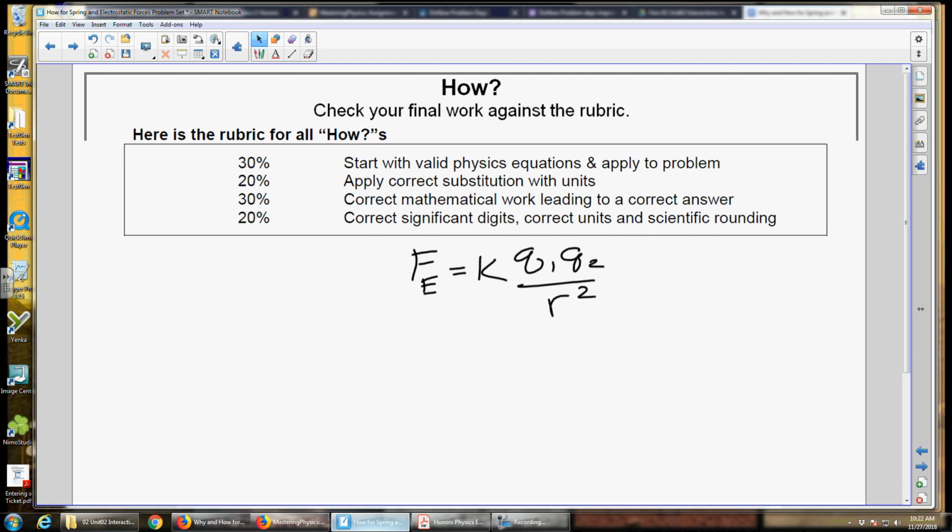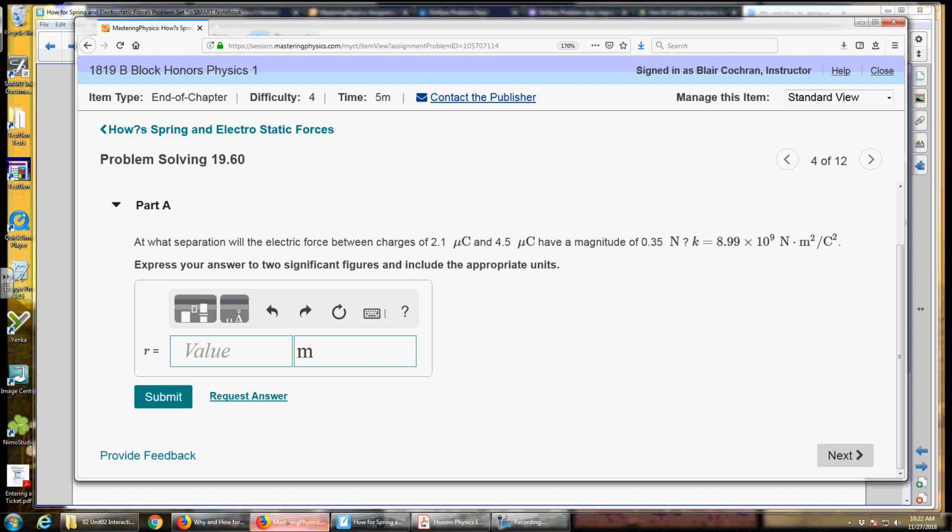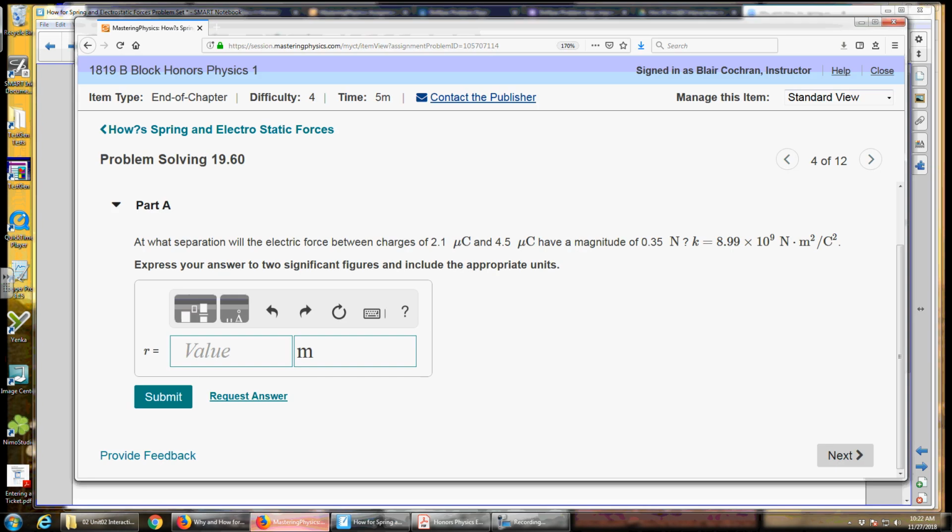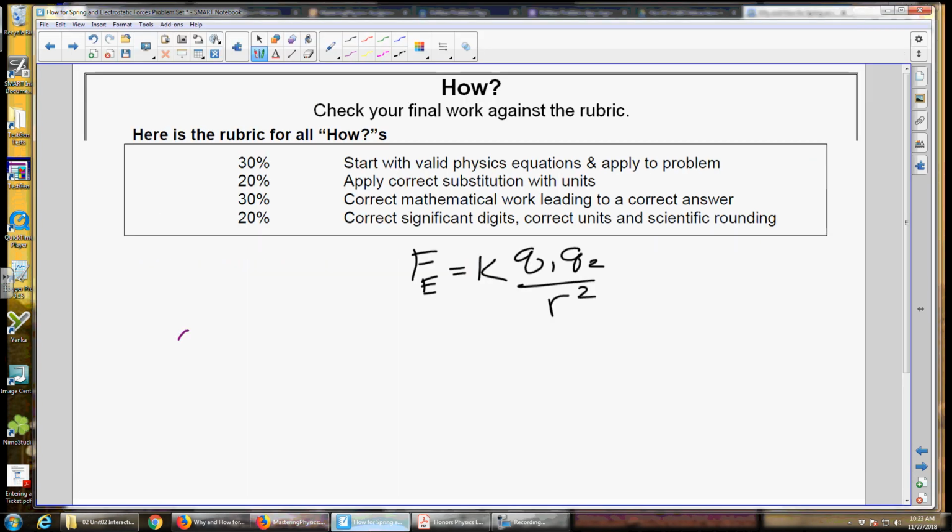And then I think I know lots of that. Let's see. I know the force. That's a good starting point. So 0.35 newtons is my force. Coulomb's constant is 8.99 times 10 to the 9th newton meter squared per coulomb squared.